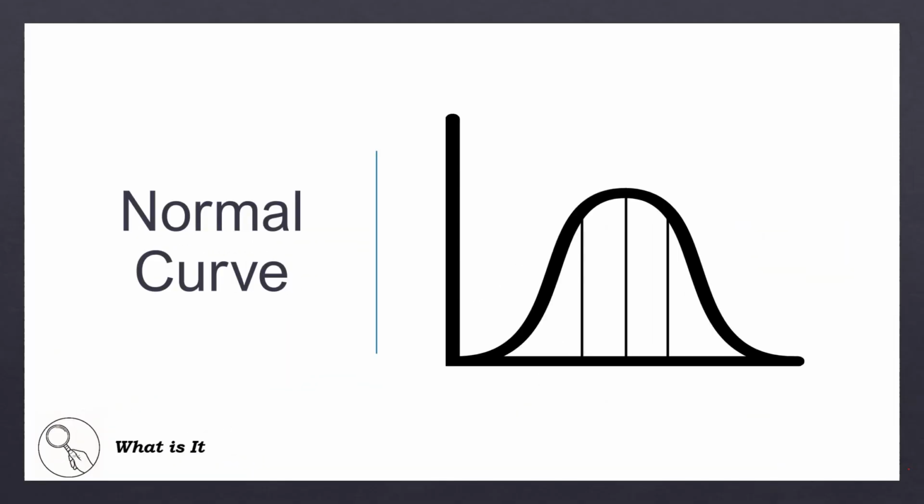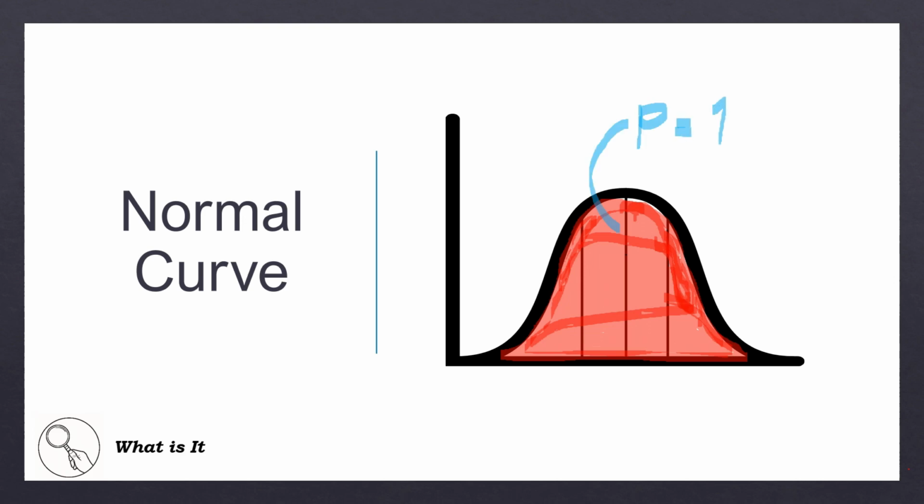When we say normal curve or bell curve, the important part is the area bounded by some values. This area bounded under the curve is the same as the probability. We know that the total area of a bell curve is equal to 1, and the z-score at the middle of the normal curve is 0.